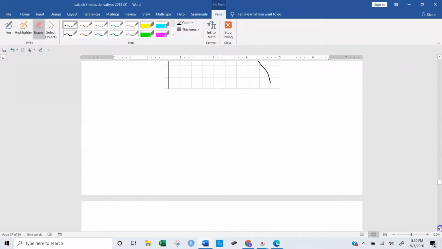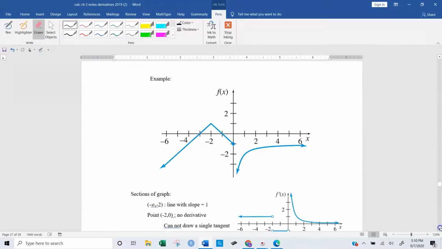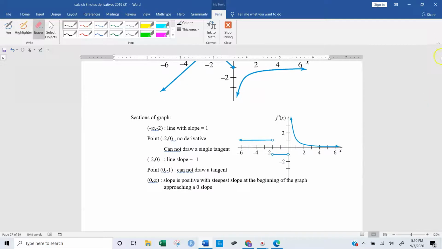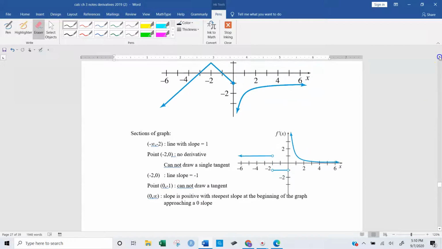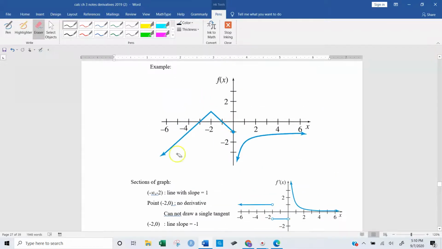Okay, it is your turn to give it a try. Oh, no, I lied. Okay, let's look at this one. Now, this one here's a little tricky. Oh, and there's a typo. It should have the interval from negative infinity to -2, and this point is -2, -1.